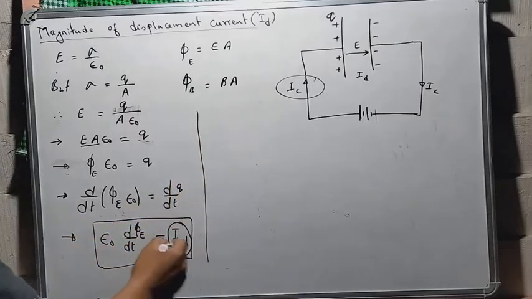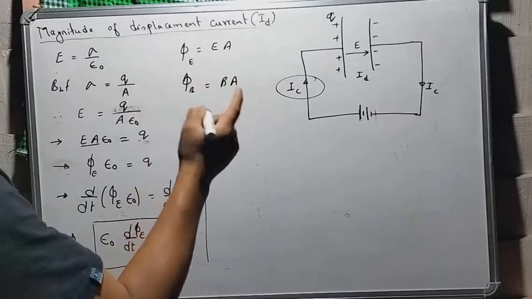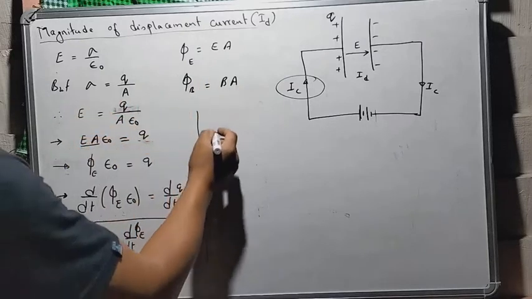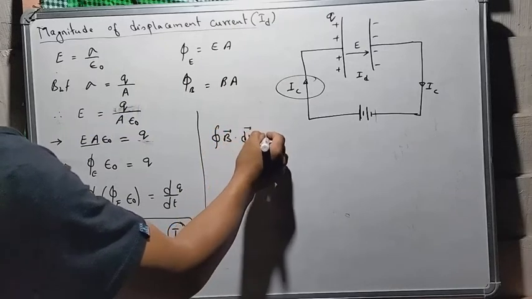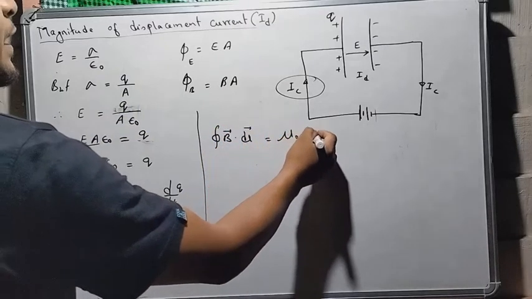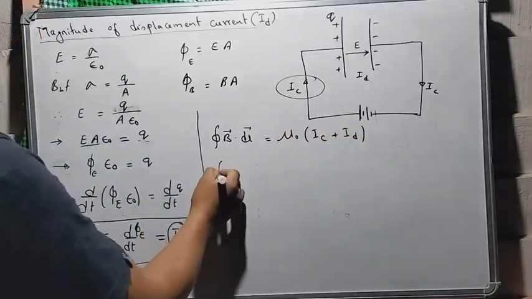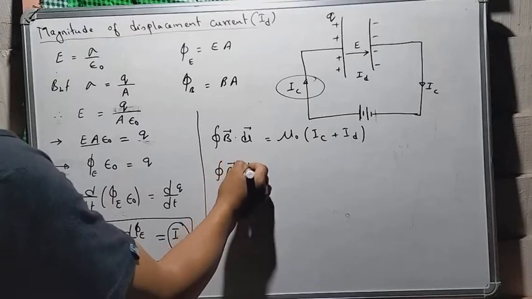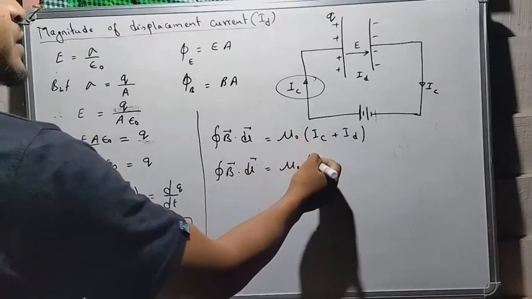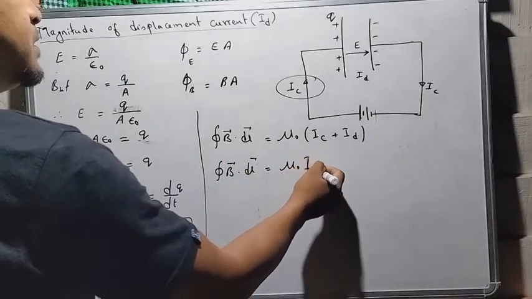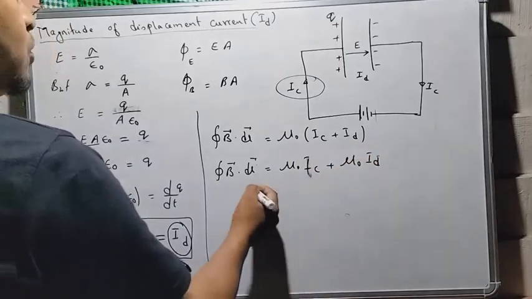Now, if this is the magnitude of the displacement current, then Maxwell's modified form of Ampere's law becomes: the line integral of B dot dl is equal to mu naught times (I_C plus I_D). Or I can say this is equal to mu naught I_C plus mu naught times I_D.